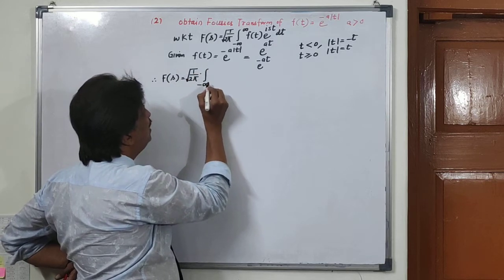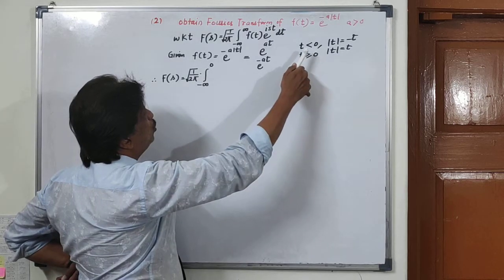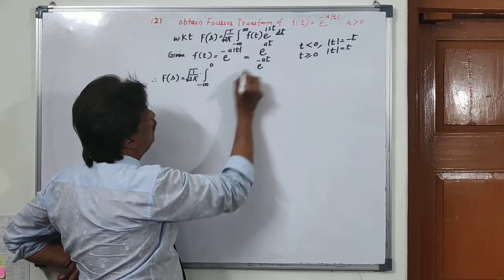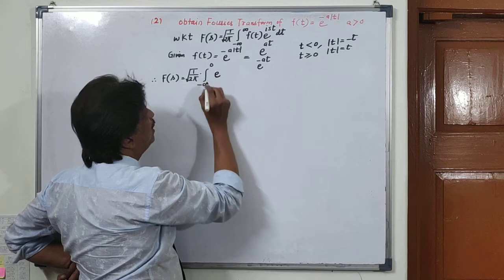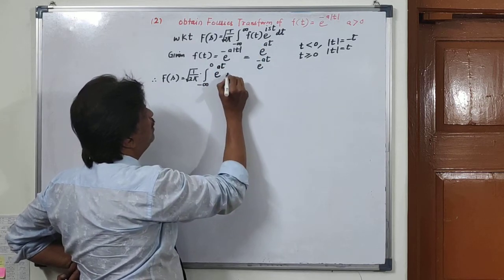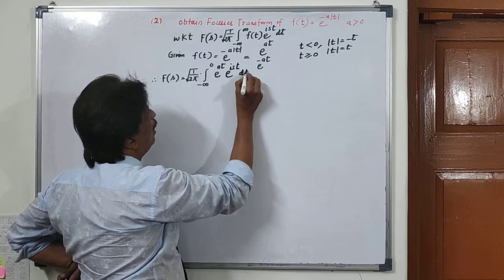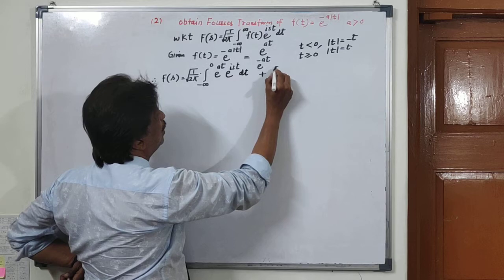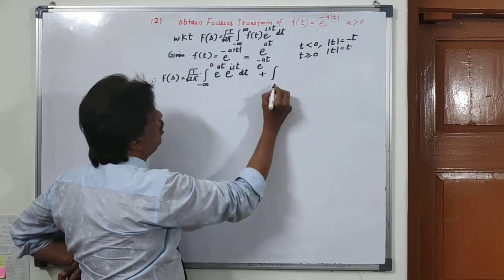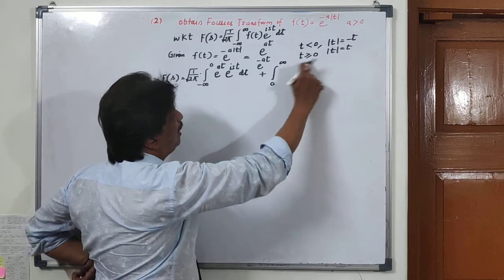limit from minus infinity to 0. What is the value of f of t from minus infinity to 0? e to the power at into e to the power ist into dt, plus the integral from 0 to infinity.